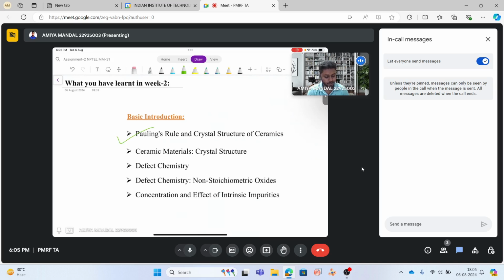They mainly decide the ionic crystal structure, and we will discuss the related problems. There are five rules of ionic structure. Next, we studied ceramic materials and their crystal structures, like the spinel structure and perovskite structure.